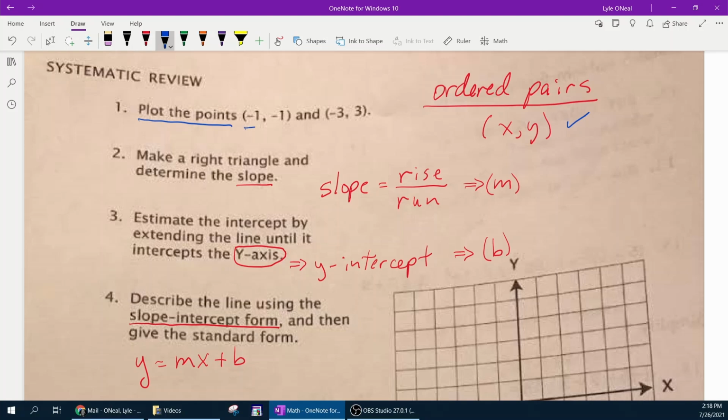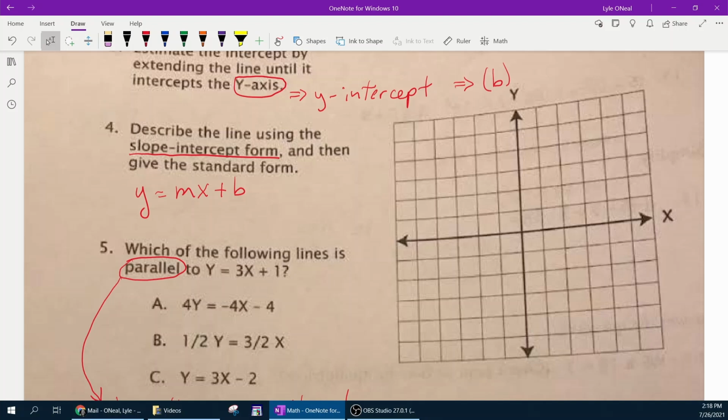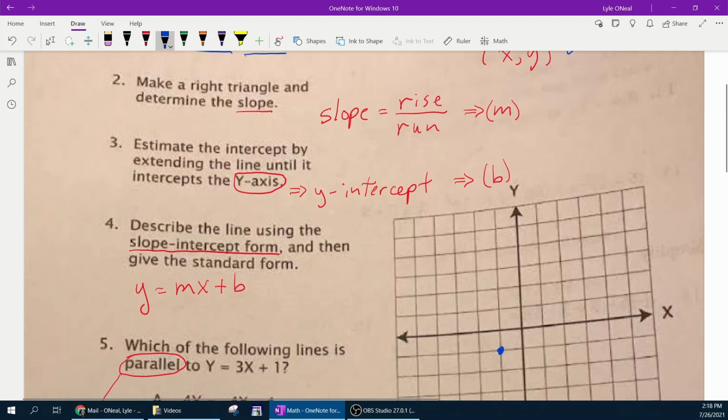So for our first ordered pair, (-1, -1), that's going to say to go left 1 and then down 1. If we go to our graph from the origin, which is the center of the graph, we're going to go left 1, down 1, and that's where the point goes, okay?